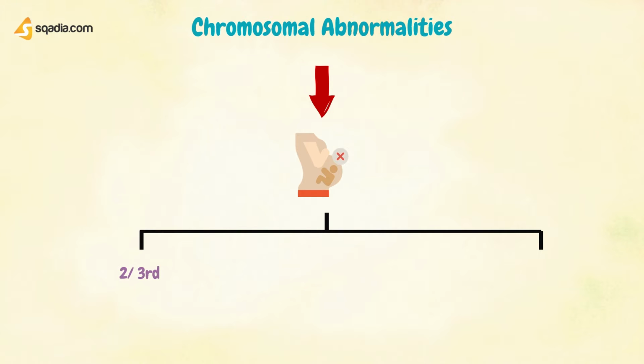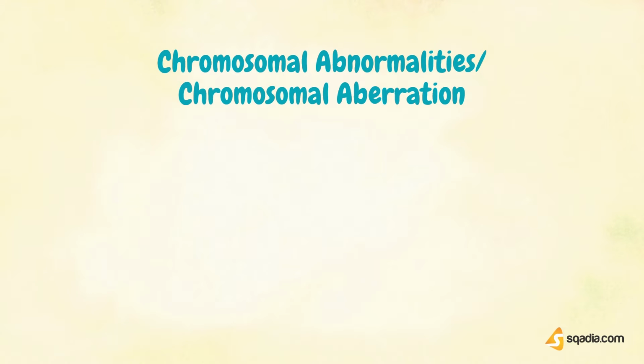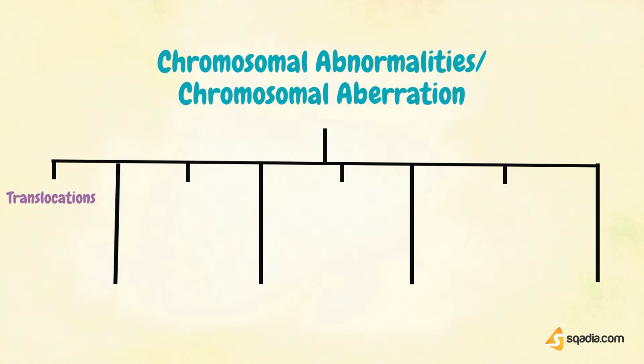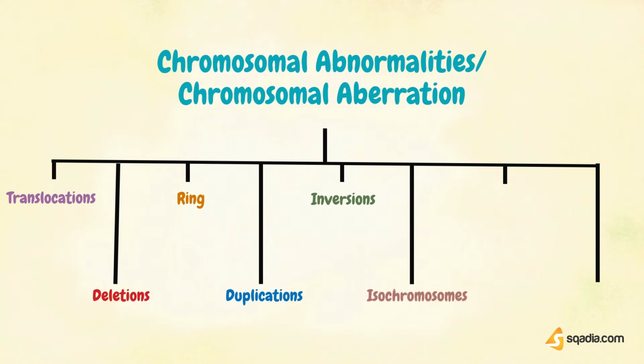Around 2/3 of the structural abnormalities arise in oocytes, 1/3 in sperm, the latter increasing with paternal age. Structural aberrations include translocations, deletions, ring, duplications, inversions, isochromosomes, centric fragments, and fragile sites.